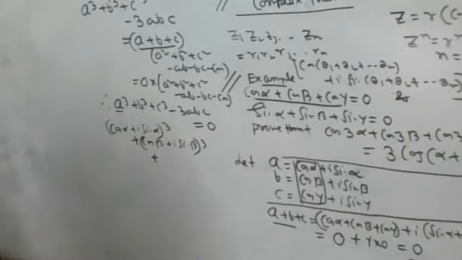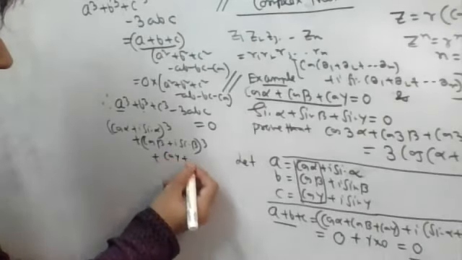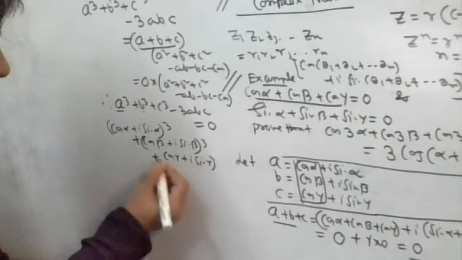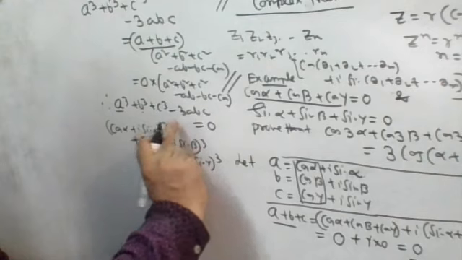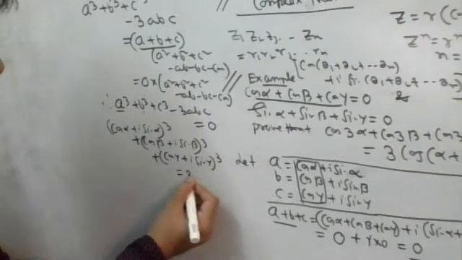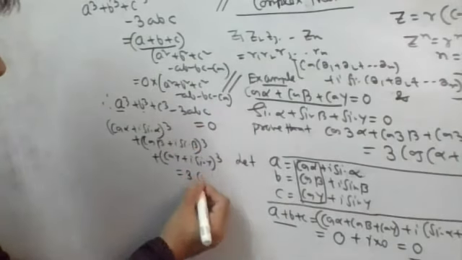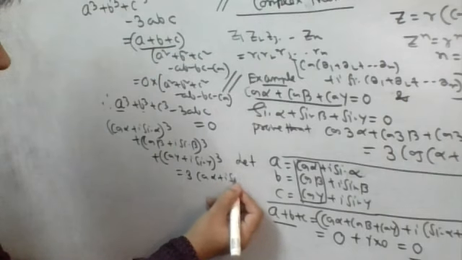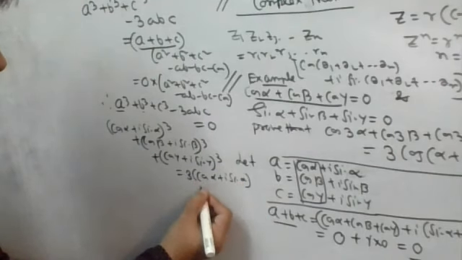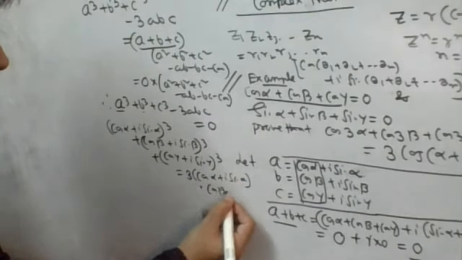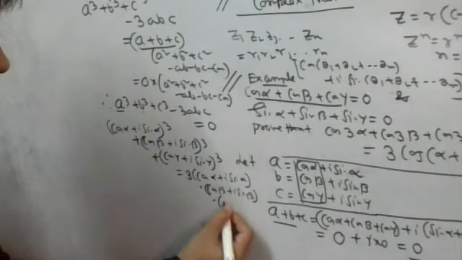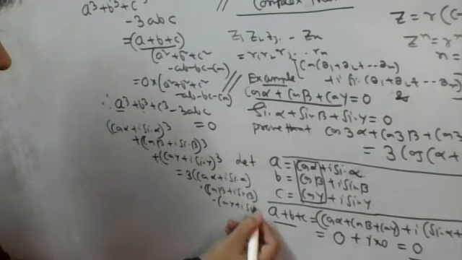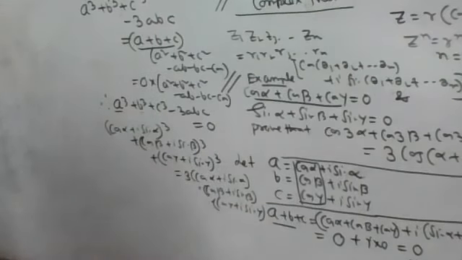In place of C, cos gamma plus i sin gamma whole cube. And 3ABC you shift to the right hand side. You write in place of A, cos alpha plus i sin alpha, into cos beta plus i sin beta, into cos gamma plus i sin gamma.